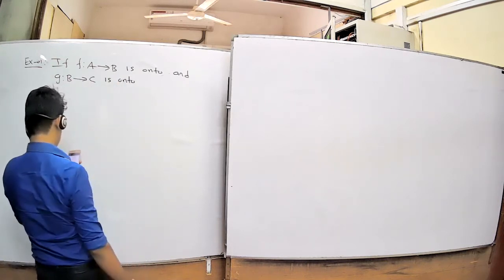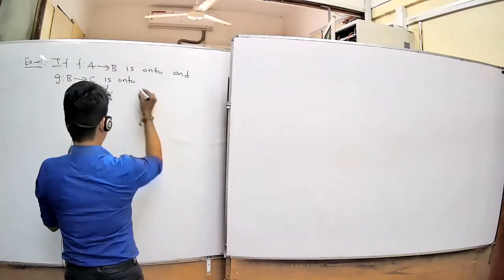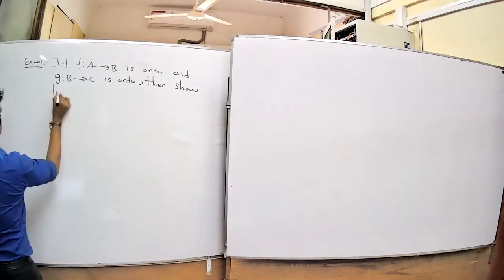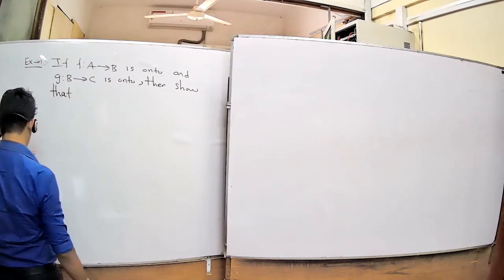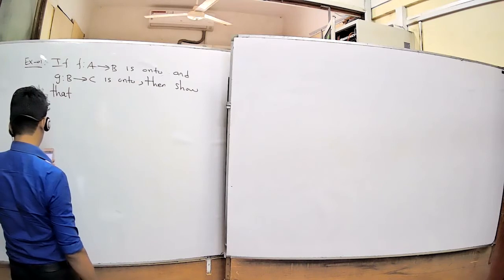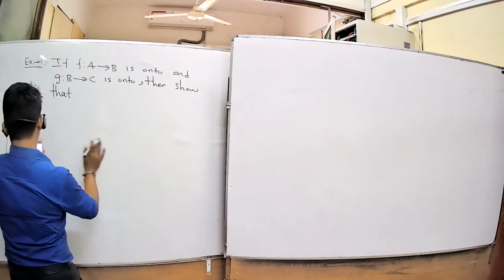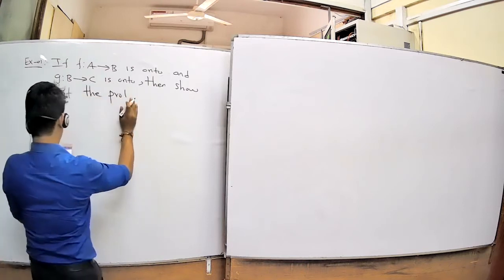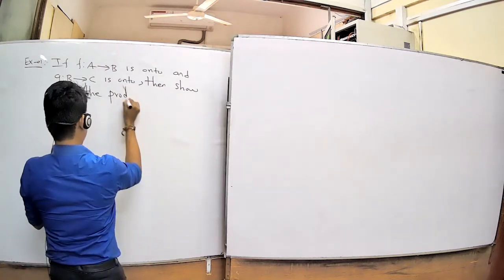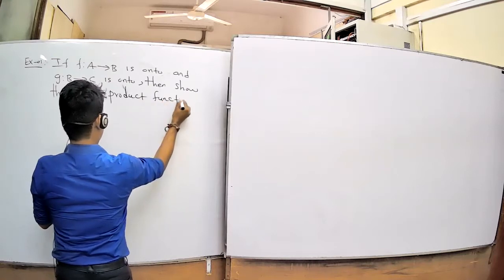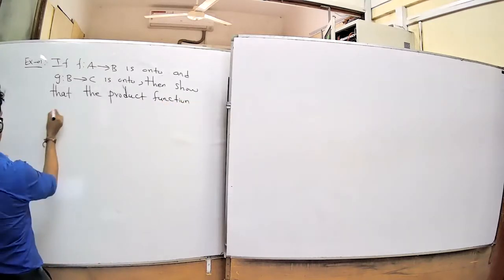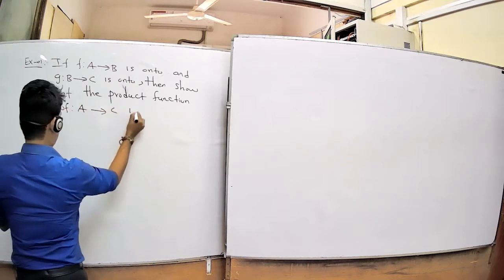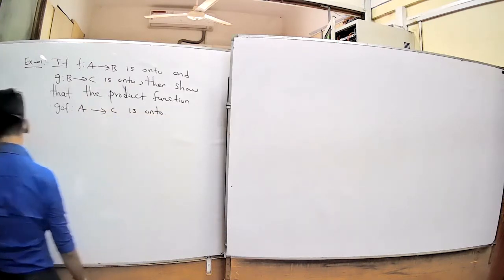Then, so that the product function, that means the composition function g composition f from A to C, is onto.